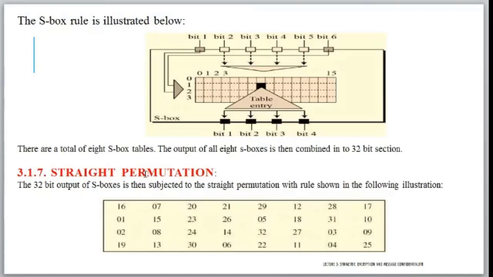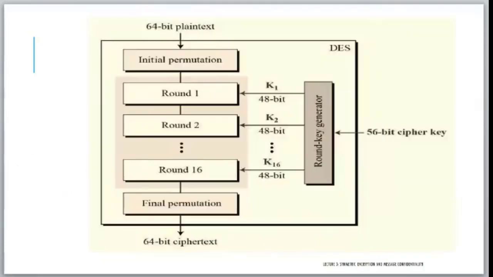Now you can summarize everything. Let me summarize everything. See, initial permutation and final permutation we already studied. What is initial permutation? Changing the position. What is the final permutation? Changing the position. Then go to the round. What is happening in the round?